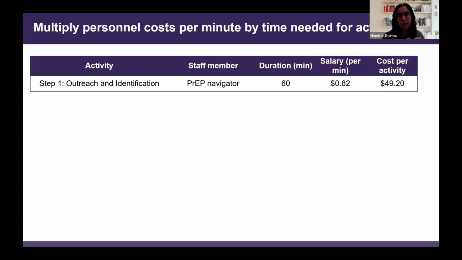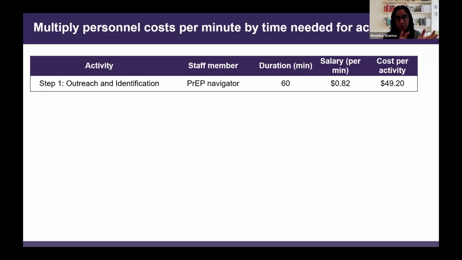And then if you want to understand what is the time cost needed for prep navigation, you would attach this cost to the activity costs that you've already identified. So here you have an activity that's outreach and identification, so going out and finding individuals in the community that might be eligible for prep.